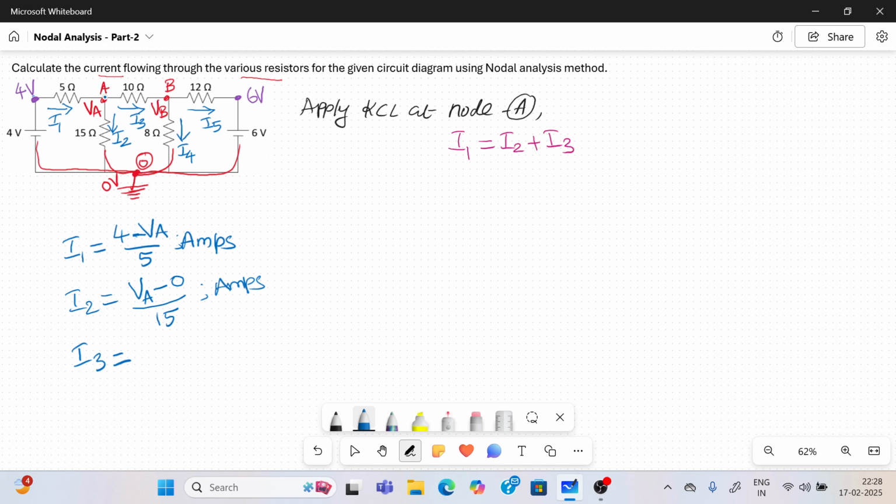It starts at node A with voltage VA and ends at node B with voltage VB, so VA minus VB divided by 10 amps.